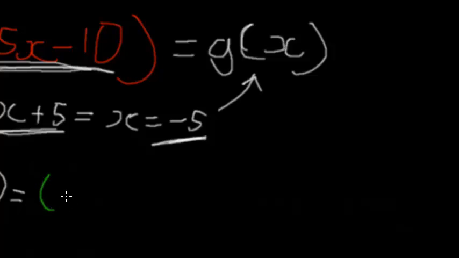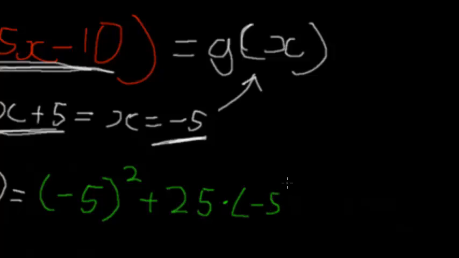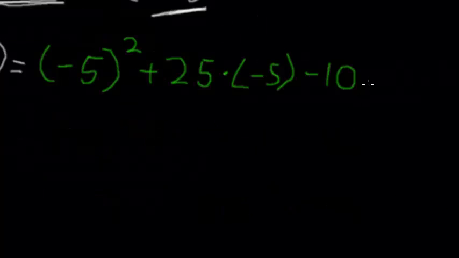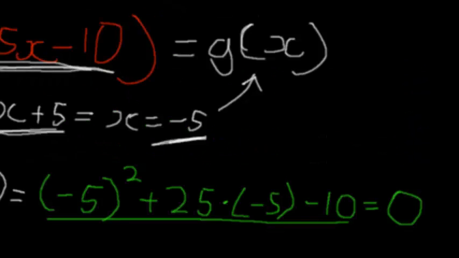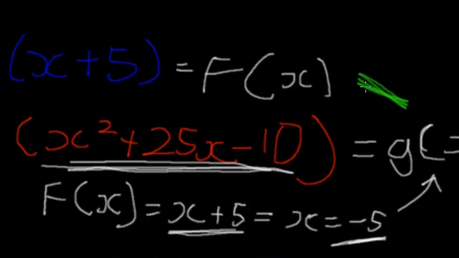Okay, so we have here negative 5 to the power of 2, right? Plus 25 times negative 5, minus 10. Now, as the remainder theorem states, if all of this is equal to 0, that means that f of x is a factor of g of x.